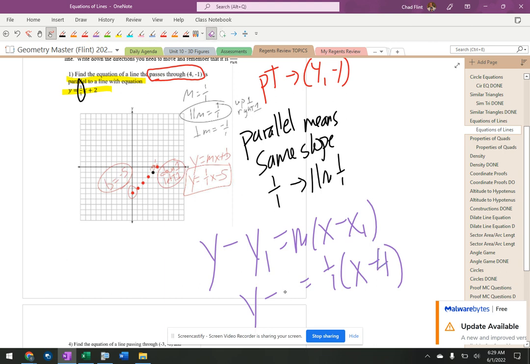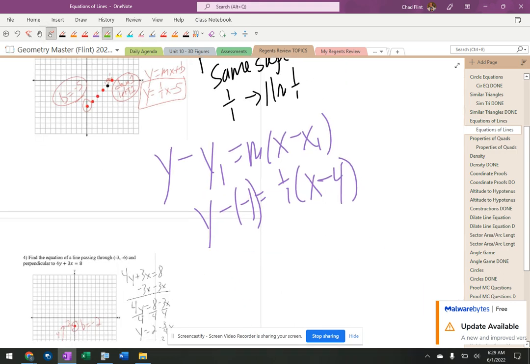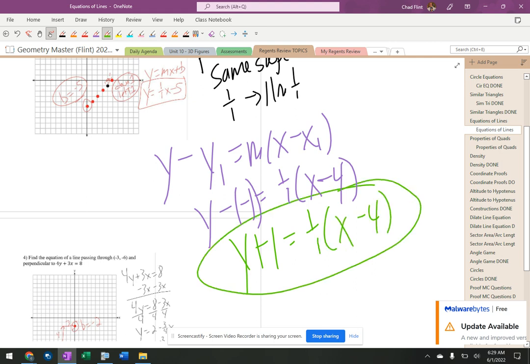Let's back up here, because I did not do that right. I also wrote 1 instead of 4. It should be y minus -1, and then x minus 4. I was using the slope for my point instead of what I'm supposed to. So then I have a double negative here, and it's y plus 1 equals 1 over 1 times x minus 4. There's the correct equation.